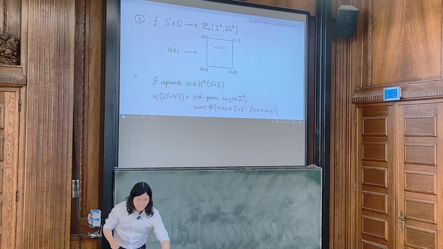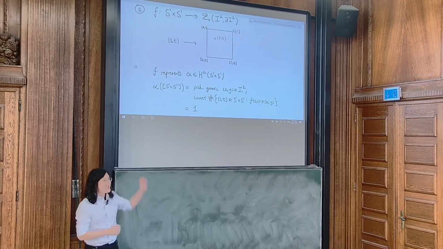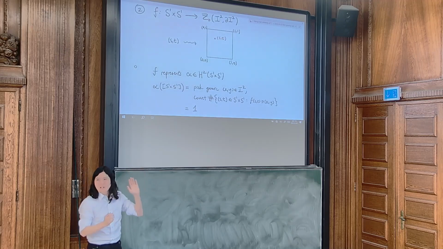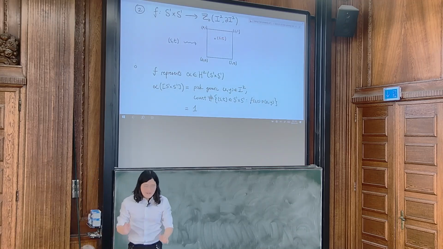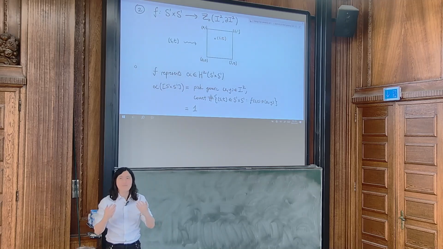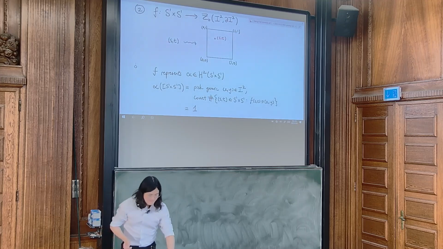If we pick a random point x comma y, there is only one s comma t for which the red point is going to be that point. The input will have to be x comma y. So because of that, we know that this cohomology class evaluates on the fundamental class of the torus to 1. And so that completely characterizes which cohomology class this map is supposed to represent.